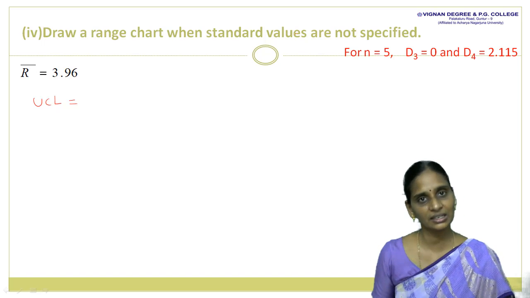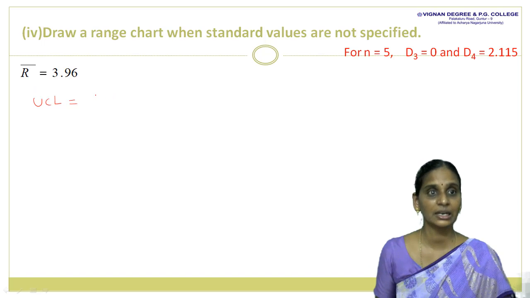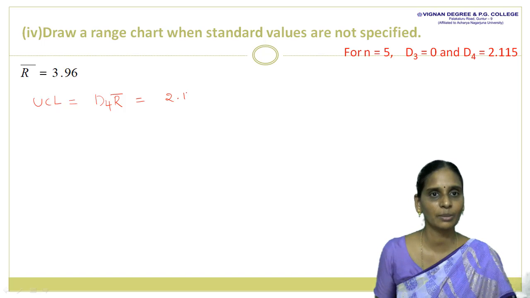When the standard is unknown, we write the 3 sigma control limit for UCL as D4 R bar. The value of D4 from statistical quality control tables is 2.115 and the value of R bar is 3.96. By multiplying these two values, we get 8.3754.